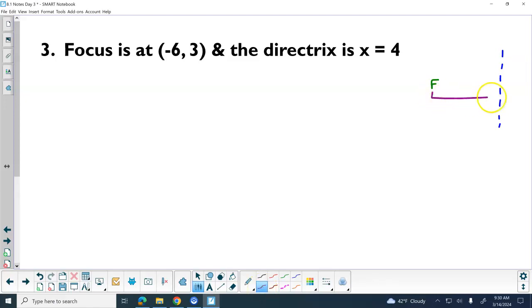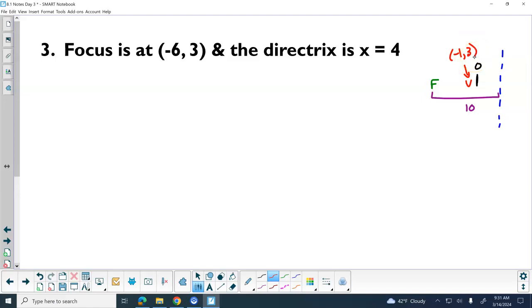Well, if I am 6 to the left of 0 and 4 to the right of 0, that means that that distance is a total of 10. Halfway between that distance is going to be the vertex. So that means my vertex is 5 either way, which would put my vertex at the point negative 1, 3.